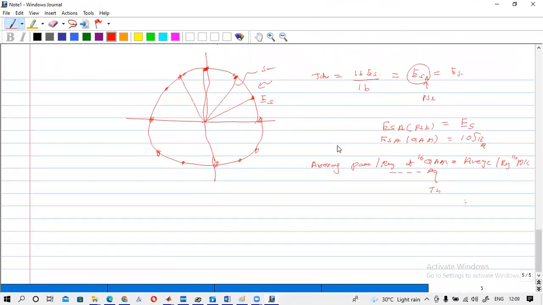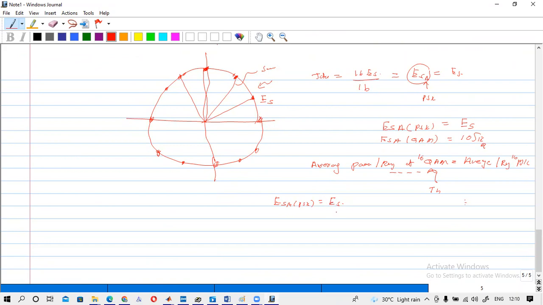Okay. So now you can see that for PSK, every symbol has the same energy. So if you get the average symbol power of the 16 PSK signal, the average symbol energy is equal to the symbol energy, because all are the same.